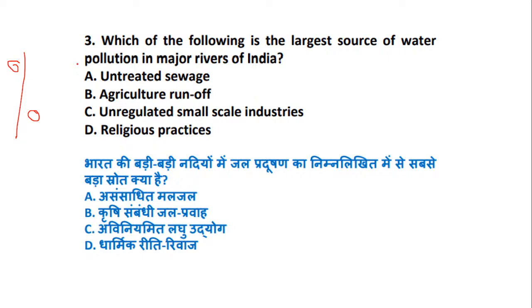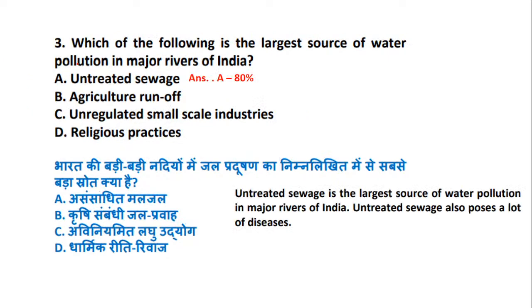Yes, Celine, a very good day, good morning. You can start with the answer, yes, very good. So no doubt, it is untreated sewage, which constitutes 80%. So untreated sewage is the largest source of water pollution in major rivers of India, and it constitutes 80%.